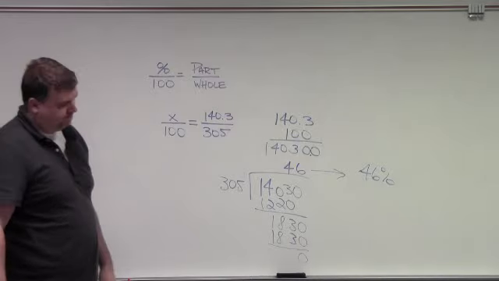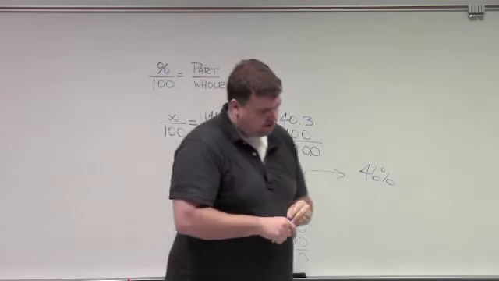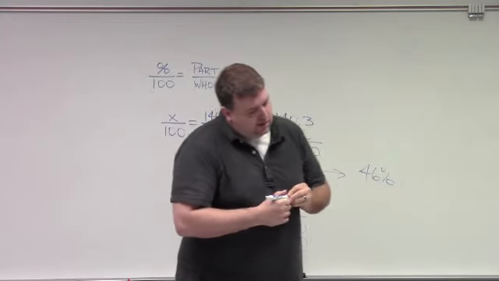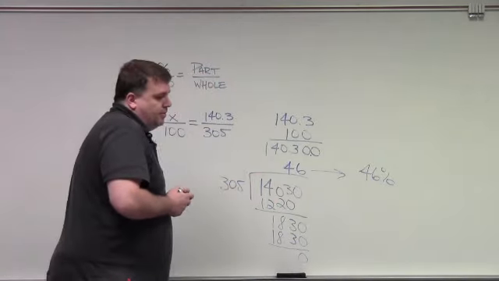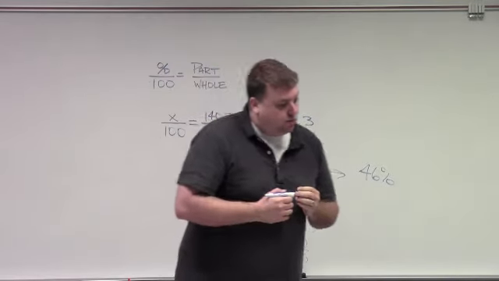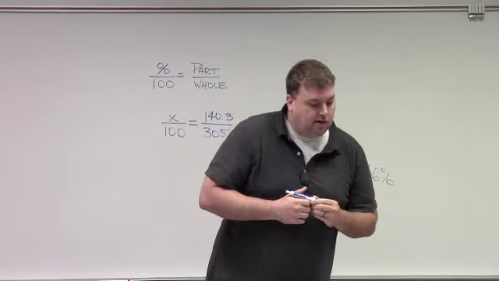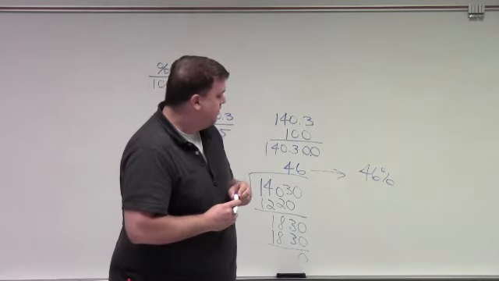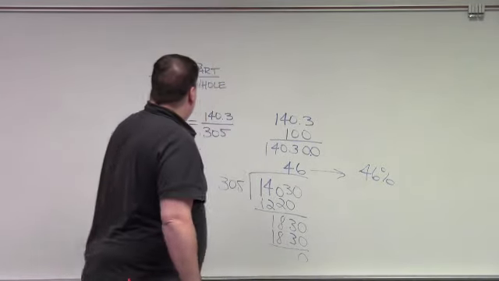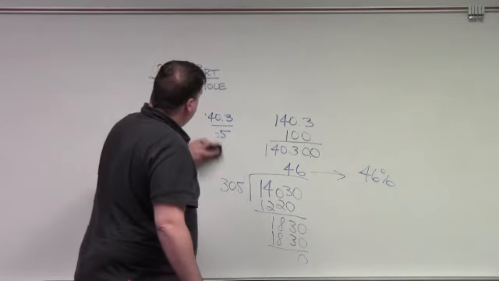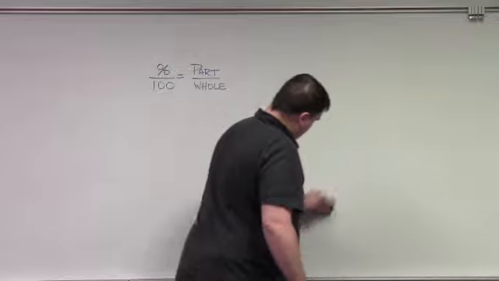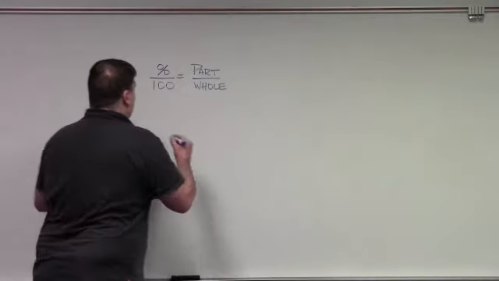Let's try another one. The next one says, the average person expels 200 milliliters of water per day by sweating. This is 8% of the total output of water from the body. How much is the total output of water? So we have the same setup again. So what are we looking for?